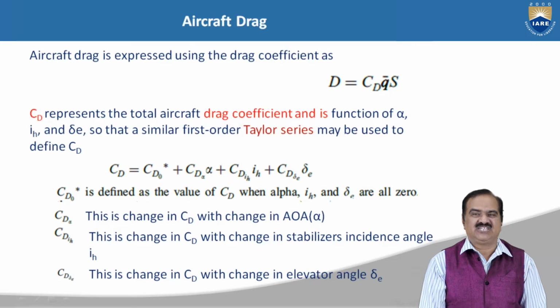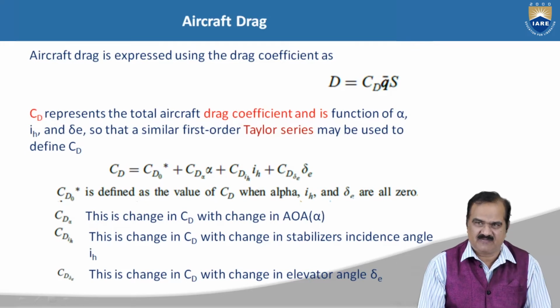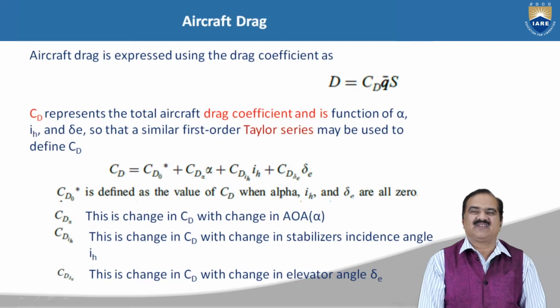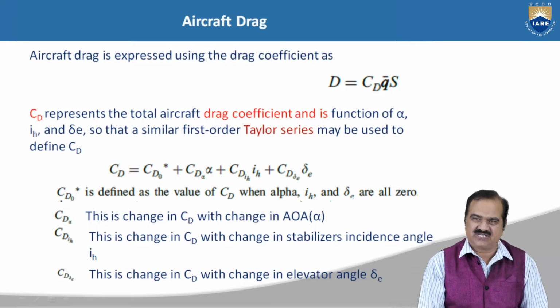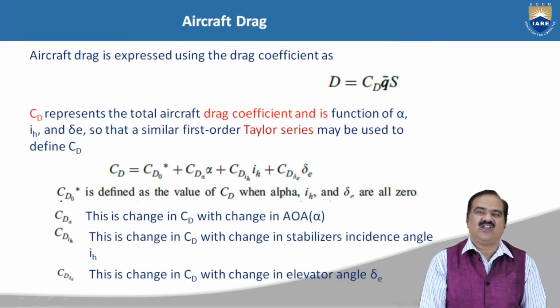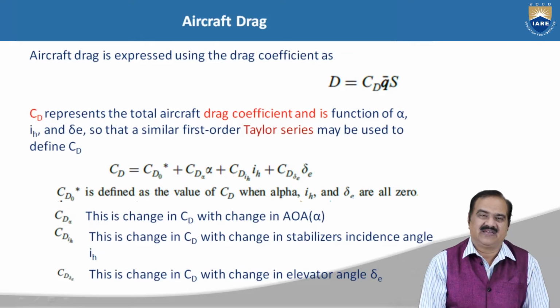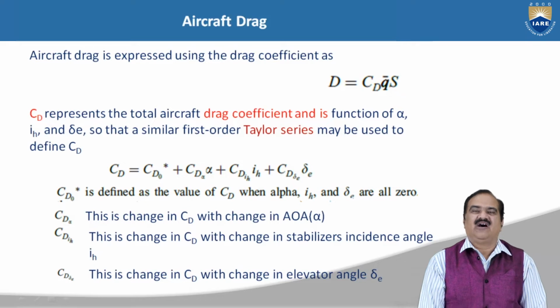So here CD is equal to CD naught star plus CD alpha alpha plus CD IH IH plus CD delta E delta E. Here we have marked one star on CD naught, and this CD naught star is defined as the value of CD when alpha, the angle of attack, the angle of incidence of the horizontal tail and the deflection of the elevator are all 0.